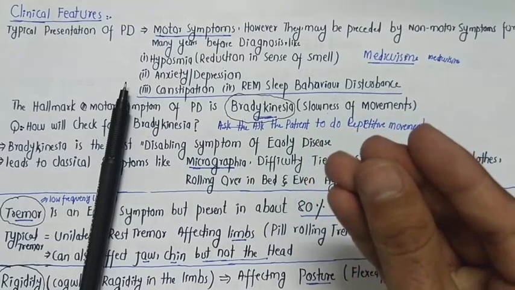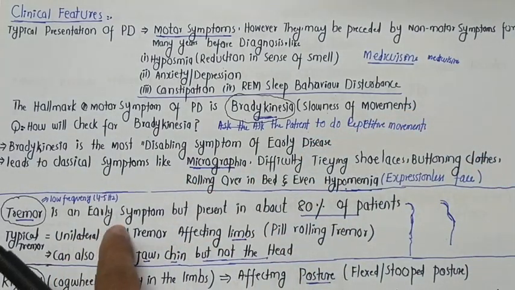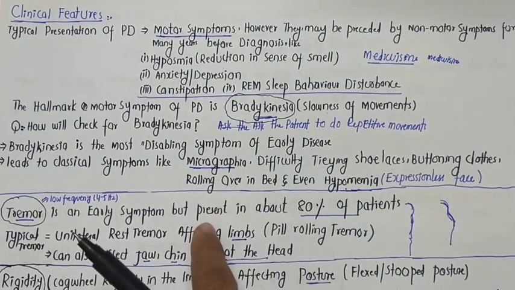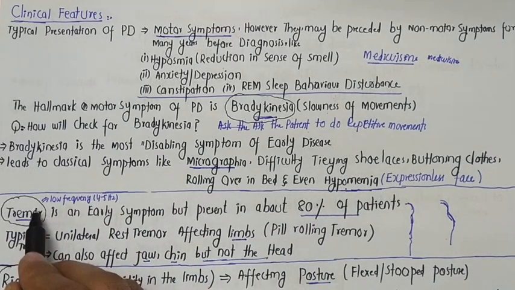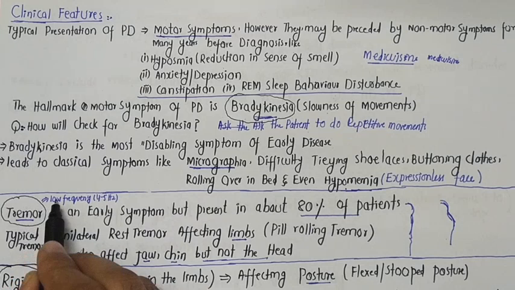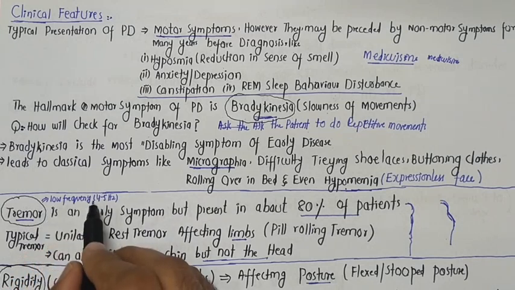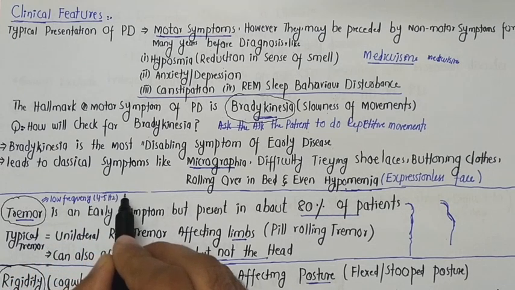So this pill rolling tremor is actually a resting tremor, unilateral, affecting the limbs. This is the typical tremor for Parkinson's disease. And remember, the tremor associated with Parkinson's disease is a low frequency tremor, 4 to 5 hertz only.